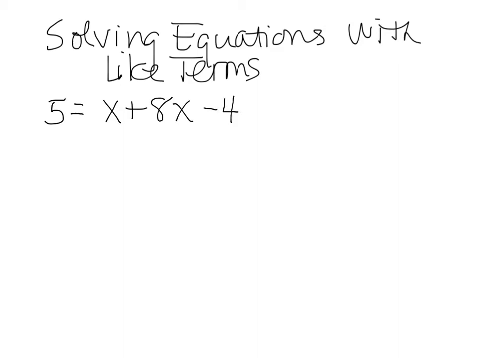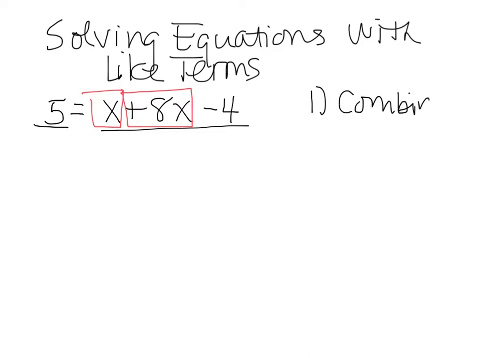As we can see, the only thing that's different here is one side of the equation and the other. If you have like terms on one side of the equation, and we have them here because we've got this x and we've got this plus 8x, the first thing I want you to do is to combine the like terms.